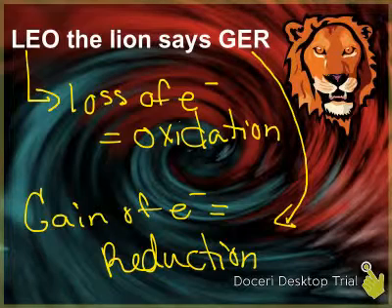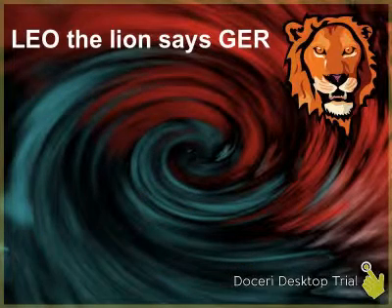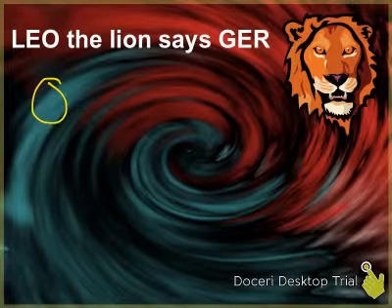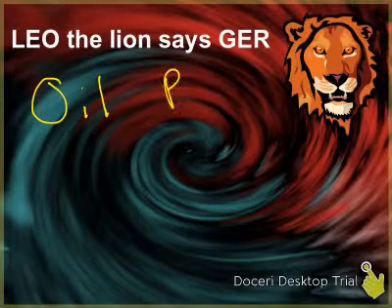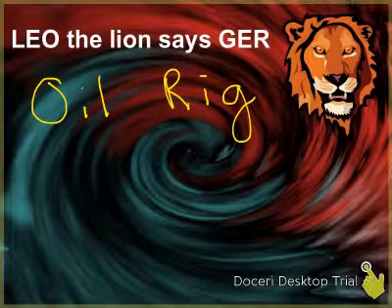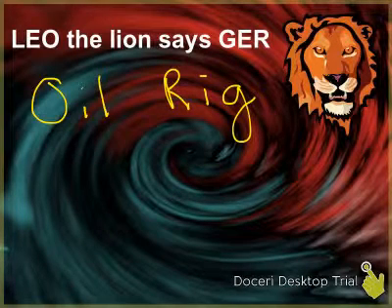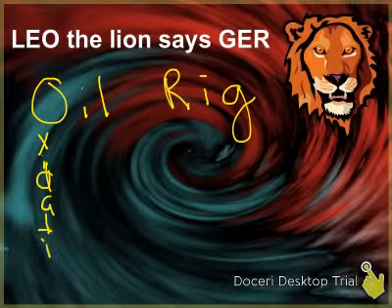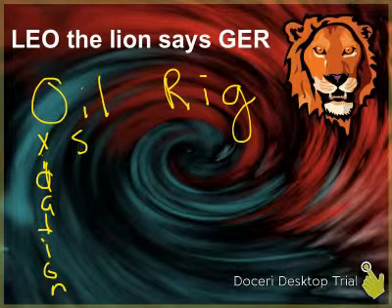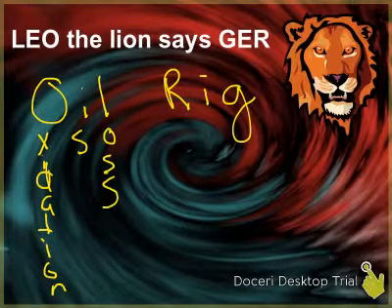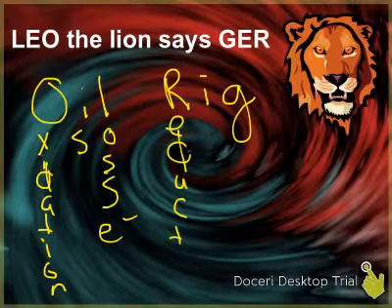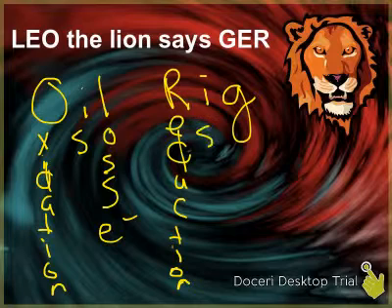What I was taught in high school was actually a different mnemonic device. I was taught OIL RIG. This means oxidation is loss, reduction is gain.